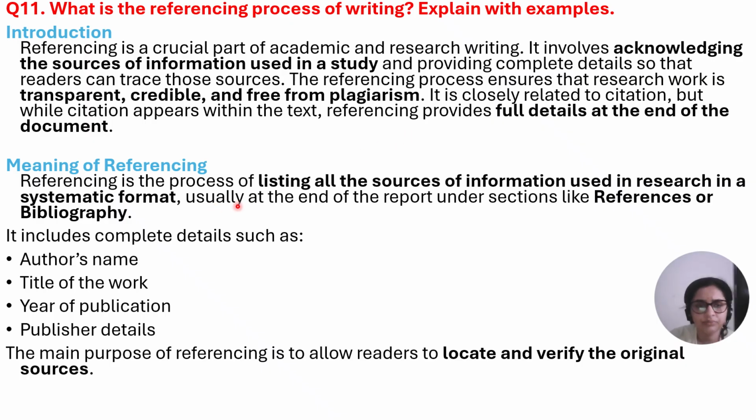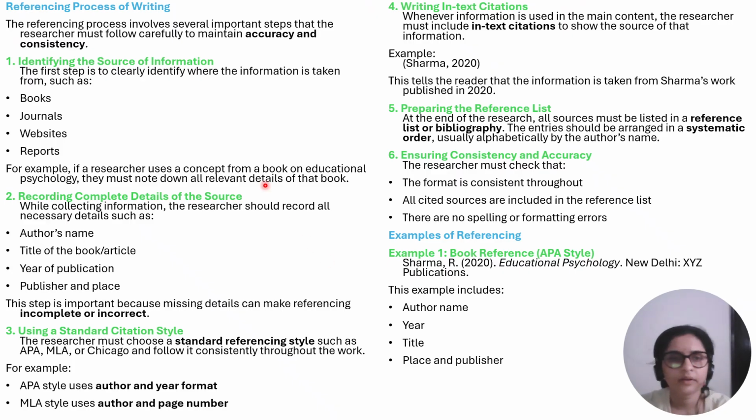Okay. Meaning of the referencing is listing all sources of information that you have used in the research in a systematic form. Then referencing process of writing involves identifying the source of information from where you've taken, either from books or journal, website, or reports.